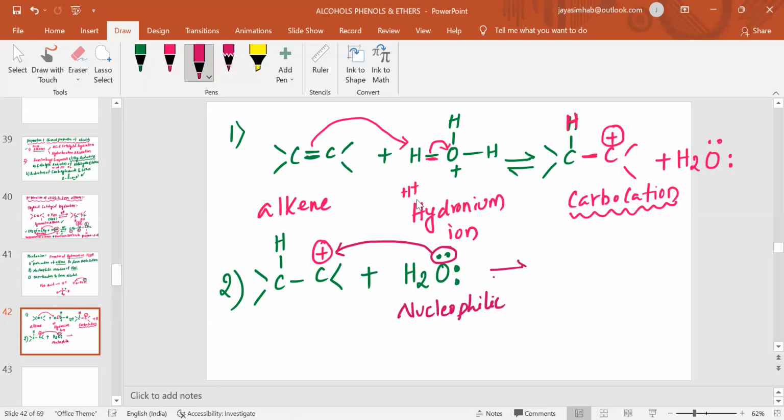We'll see here. An intermediate compound is formed, right? Here H is there already. I can write the structure like this. These two hydrogens I will show here, because it will form an intermediate.